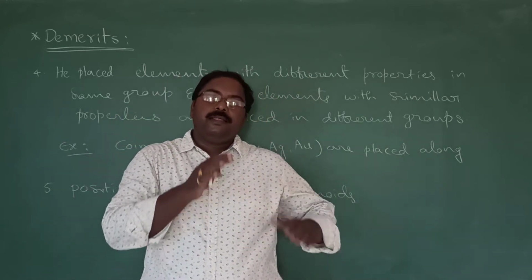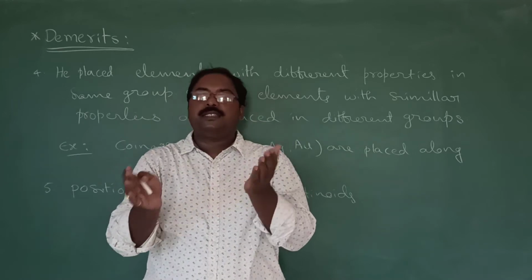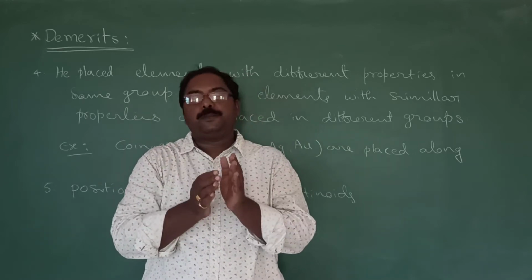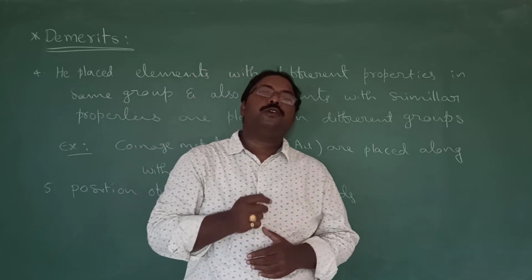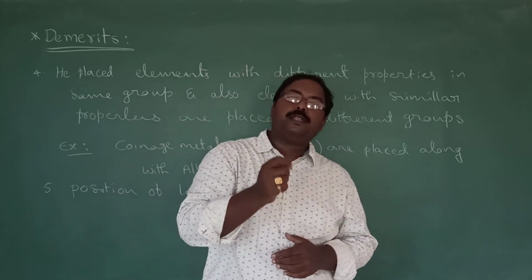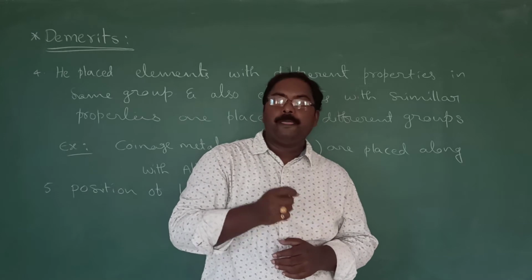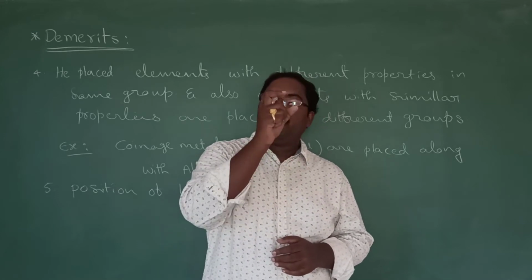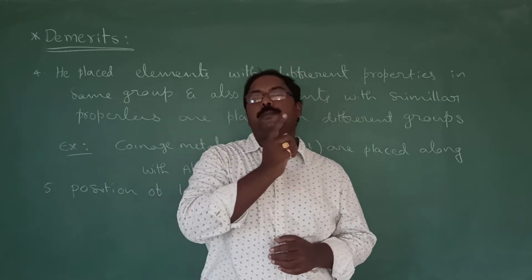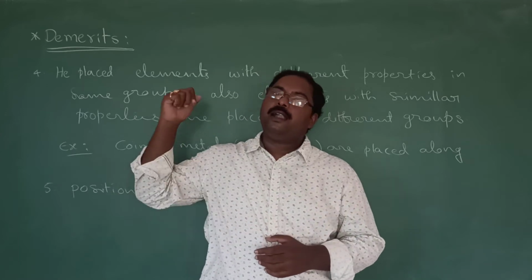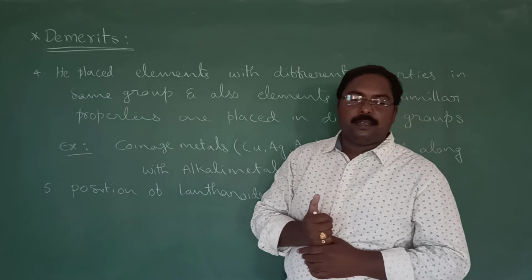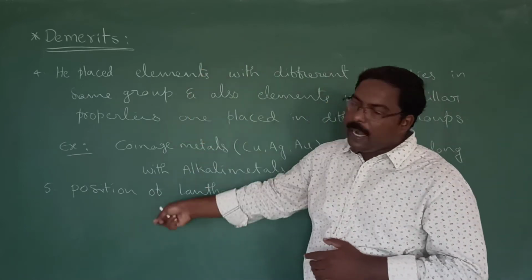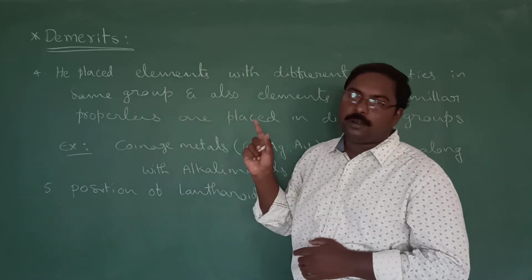Okay? Because the electron transfer or the sharing of electrons takes place in the valence shell. Right? So the chemical behavior or the properties of the element depend on the number of electrons in the outermost orbit, but not on the atomic weights. Okay? So that's why this periodic classification was ruled out.